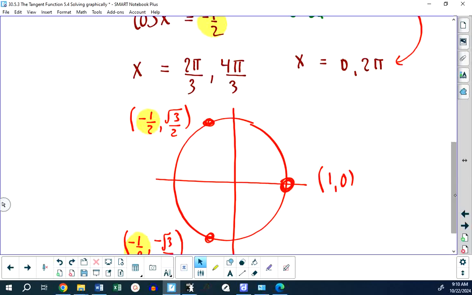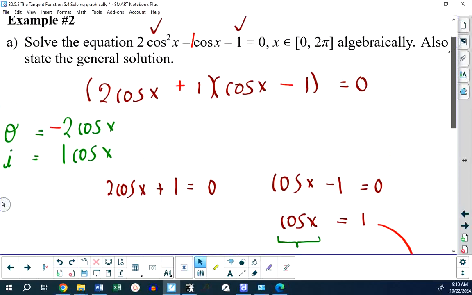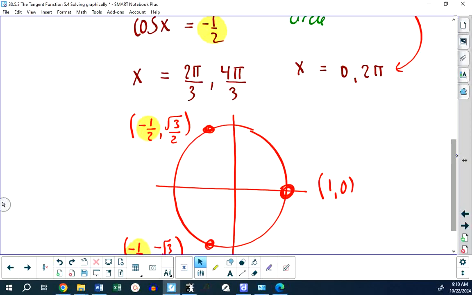That's going above and beyond. I don't think you need to do that, but you need some explanation. So from 0 to 2 pi, the solutions are 2 pi over 3, 4 pi over 3, 0 and 2 pi. Are we in agreement there? Okay, that's the last unit.